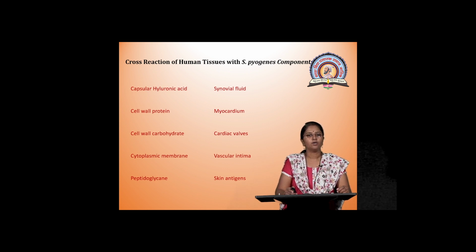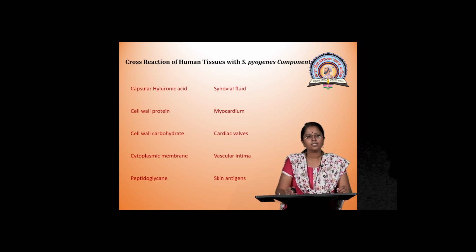So Streptococcus pyogenes has cell components which show cross reaction with body tissues. The first is the capsular hyaluronic acid, which is present outside the cell wall. It has similarity with the synovial fluid, so the antibodies synthesized against the capsular hyaluronic acid will act on the synovial fluid.